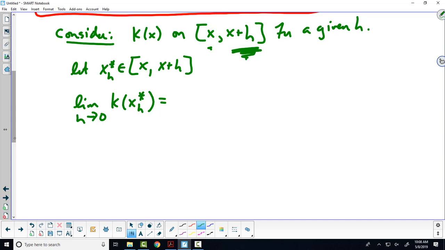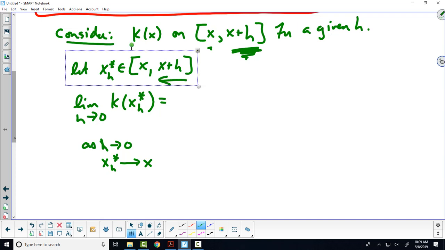So as that happens, as h goes to 0, x of h star gets closer and closer to what? X. Yeah. If it's trapped, go to your Star Wars metaphor, if it's trapped in the trash compactor and the one wall of the trash compactor's closing in on it, where are you going to end up at? At the one wall, right? Same idea. As this endpoint gets closer and closer to here, my x h star, which is always between them, is going to just go to x.